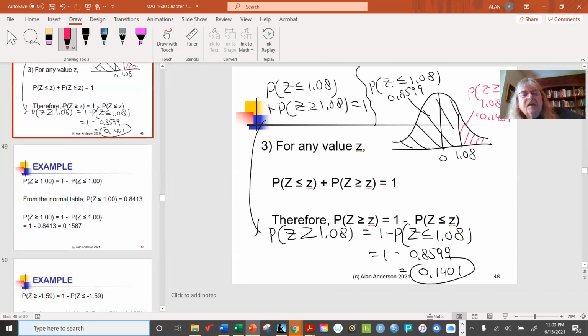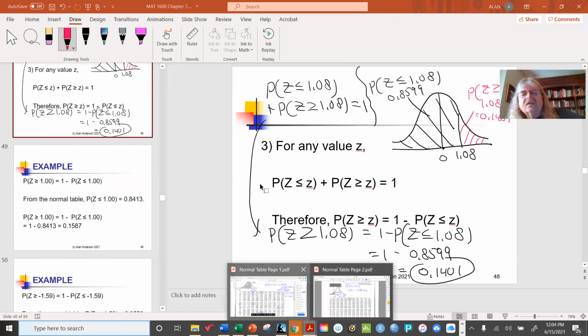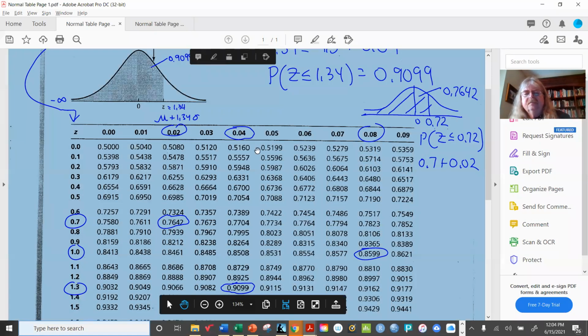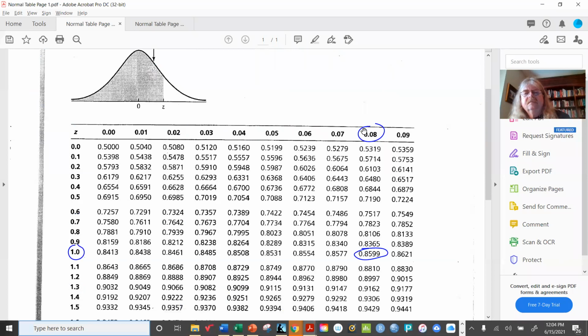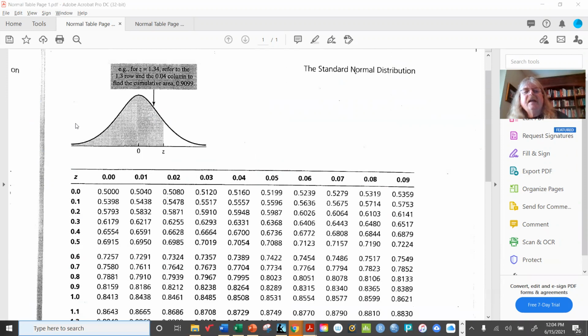All right, let's do another. There's a couple more examples here. Let's check these out just to get some practice. In fact, I'll tell you what I'm going to do. I'm going to get the table back. I'll erase all the stuff we don't need anymore. And rather than showing you the answers, why don't I have you do the following? We'll start with the probability that z is greater than or equal to 1.00.